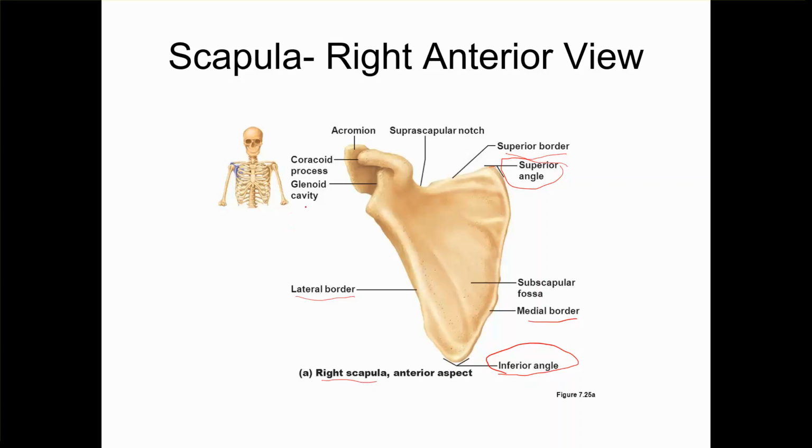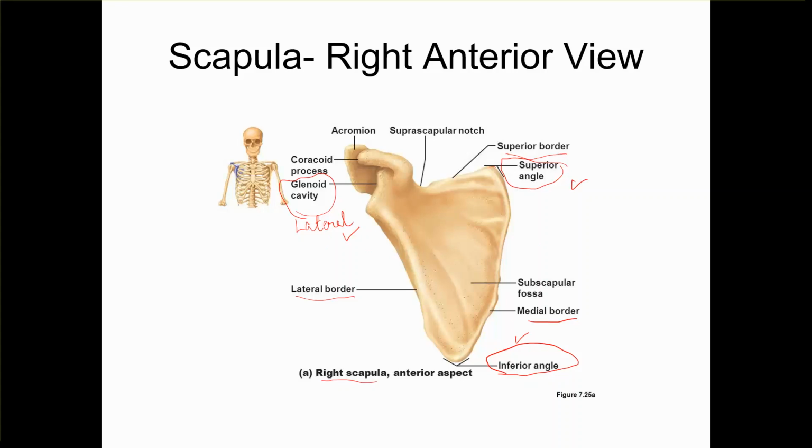The lateral angle is replaced by the name glenoid cavity. So there are 3 angles: superior angle, inferior angle, and laterally it is called the glenoid cavity.